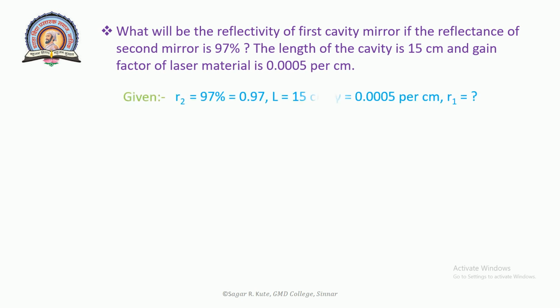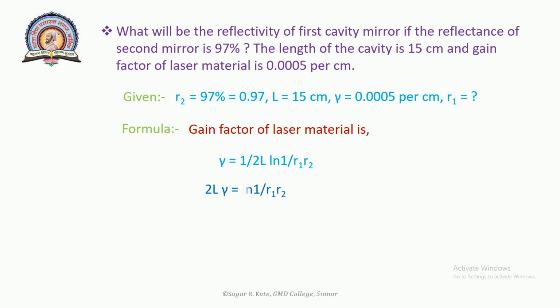Given R2 is 97%, that is 0.97, L is 15 cm, gamma is 0.0005 per centimeter, and calculate R1. Formula: gain factor of laser material gamma is equal to 1 upon 2L ln 1 upon R1 into R2.